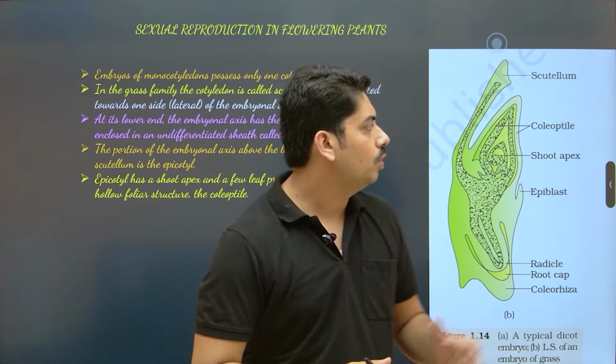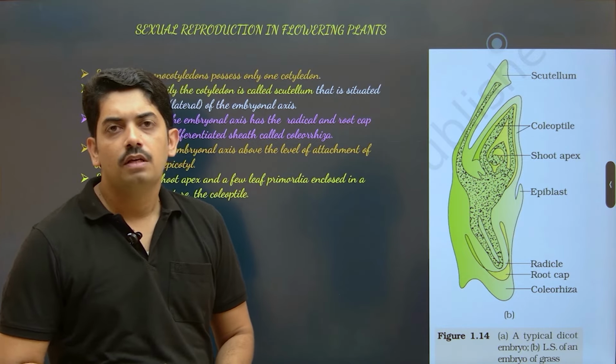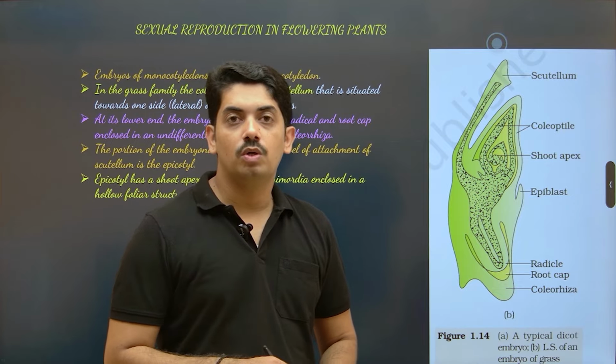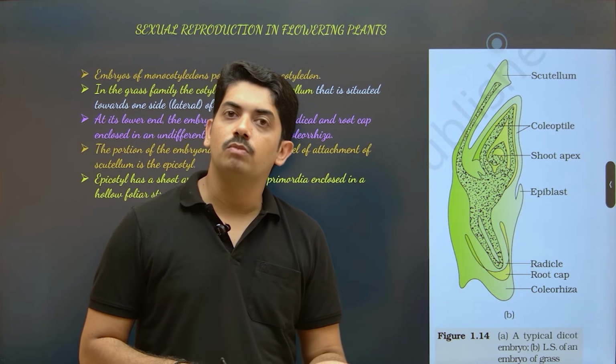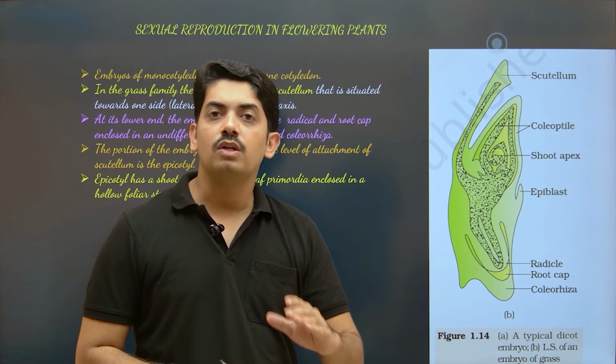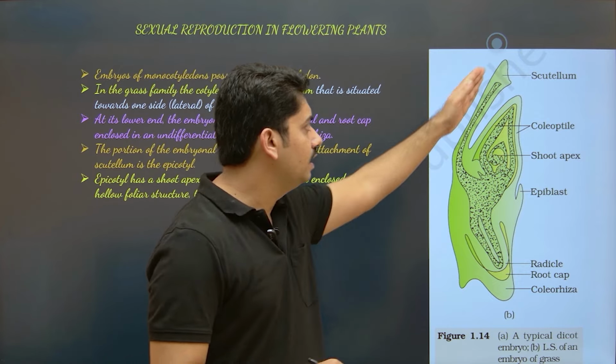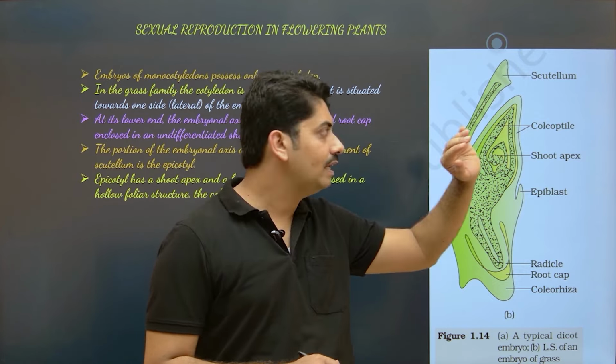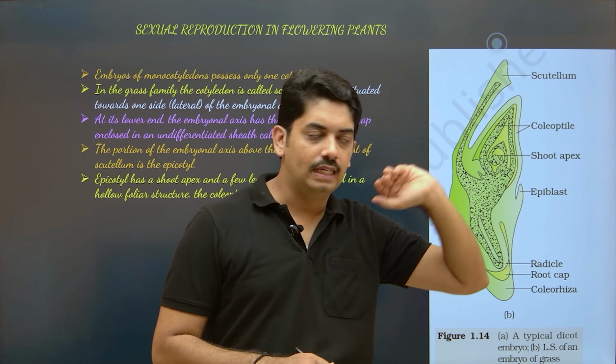Now observe the monocotyledonous embryo. There are a lot of changes in the monocotyledonous embryo. Why the name monocotyledon? Because it has only one cotyledon. That one cotyledon is represented by the scutellum. Okay, the scutellum represents the single cotyledon.